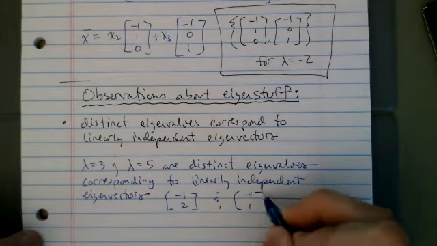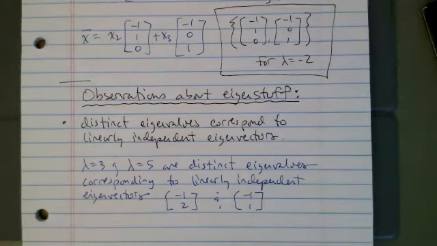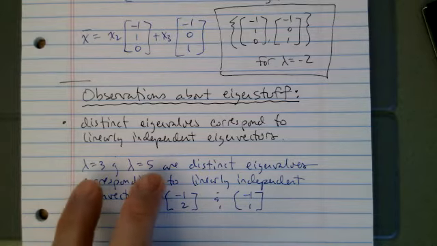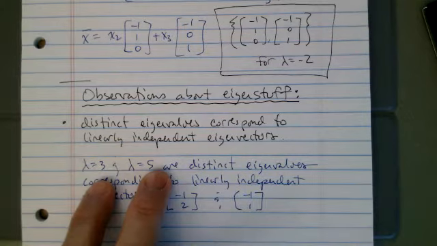I'm just trying to be consistent; I could have called it 1, -1. The important thing is that these two eigenvectors are linearly independent, and we knew that they would be because they correspond to distinct eigenvalues. Distinct just means they're not the same.